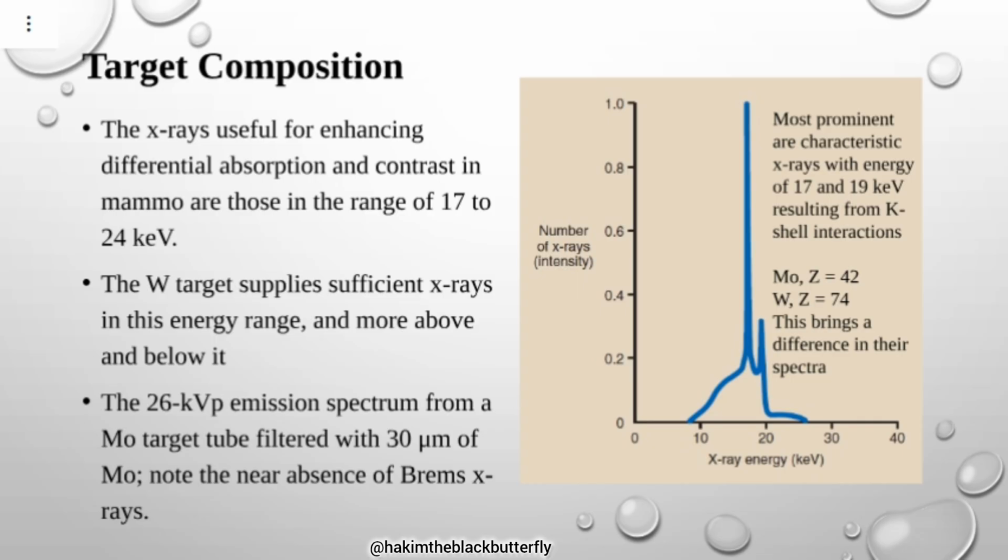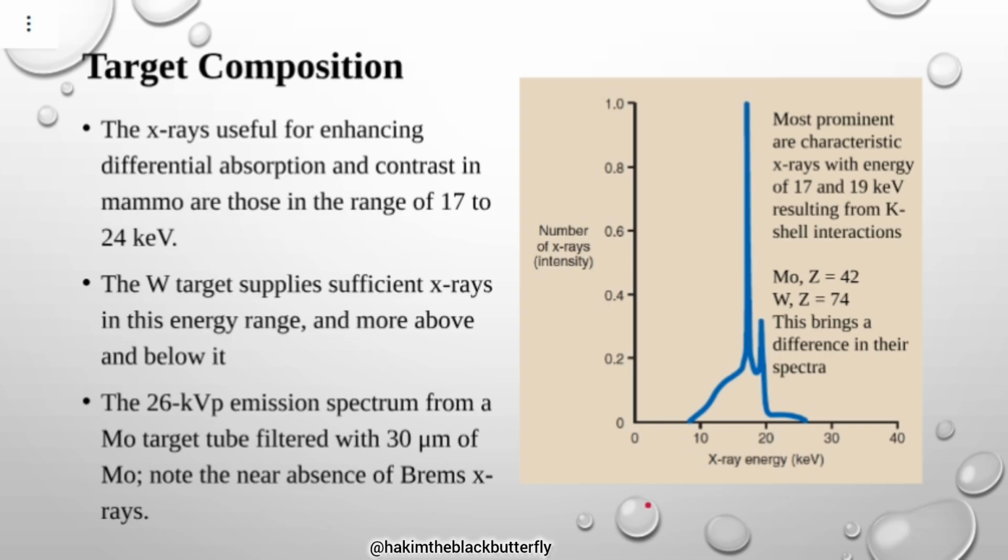The 26 kiloelectron volts peak emission spectrum from a molybdenum target tube filtered with 30 micrometer of molybdenum, you note the near absence of Bremsstrahlung X-rays. That is the illustration on your right. That spectrum has been produced by a molybdenum target, filtered by a molybdenum filter.